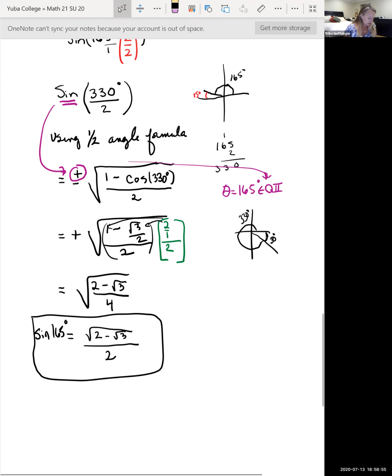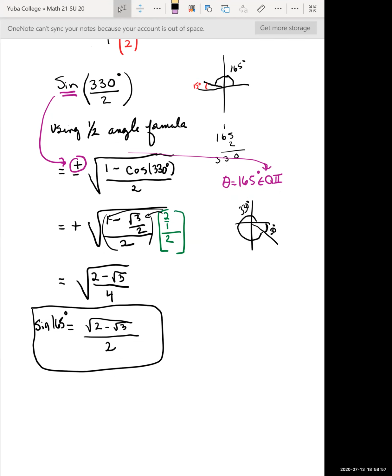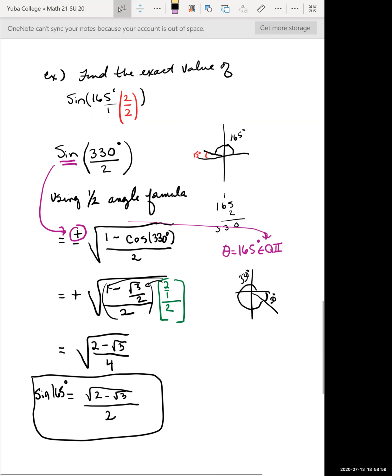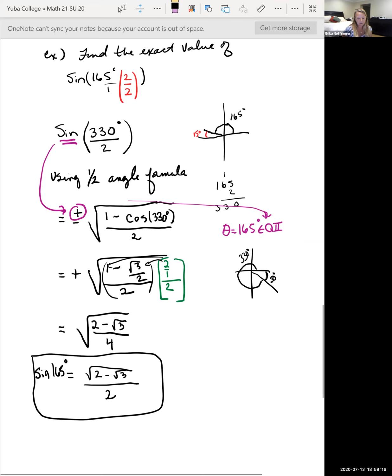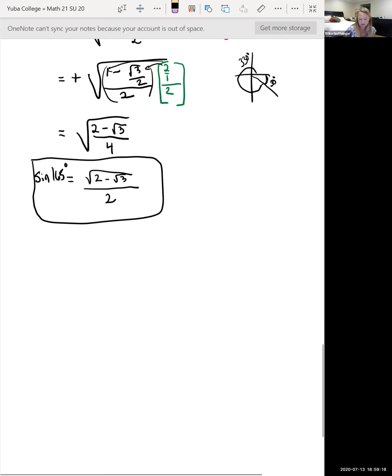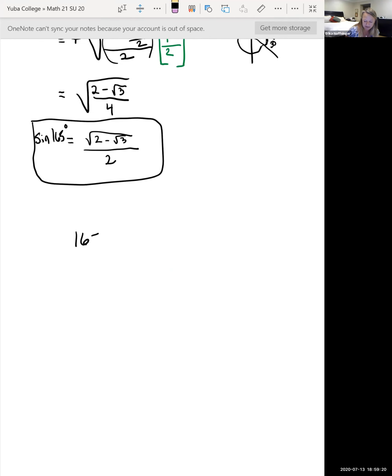So for these types of problems, you can either do this or use the sum or difference formulas. With an angle you don't know, a lot of times you can manipulate it as a half angle into something that we do know, or as a sum or difference of ones that we know. Like 165 degrees.